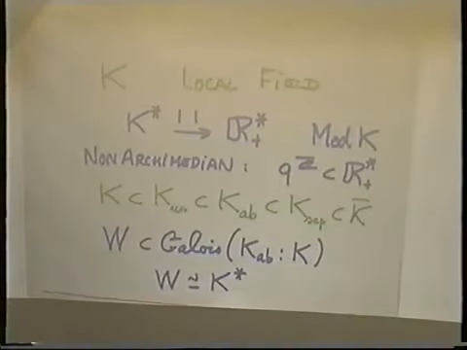Now, the Galois group of the abelian closure maps to the Galois group of the unramified extension, and this group is topologically generated by the Frobenius. So if you look at what Weil did, at the inverse image of powers of the Frobenius, you get a group W. And the result of local class field theory, which is best shown, I would say, by Brauer's theory, is that this group is isomorphic to the multiplicative group of K.